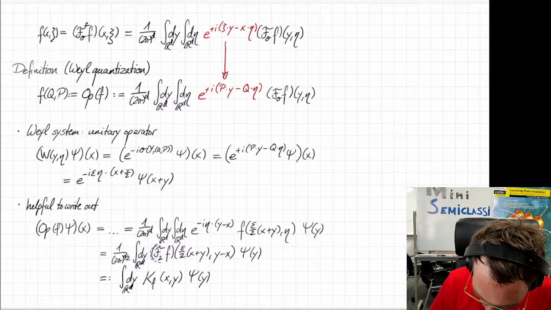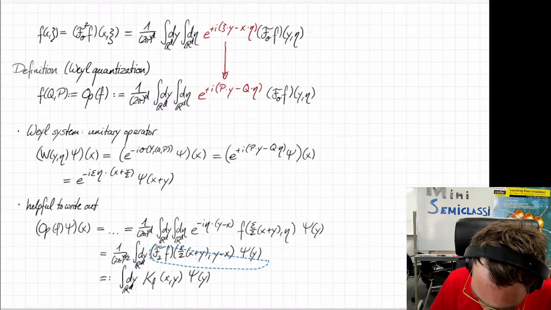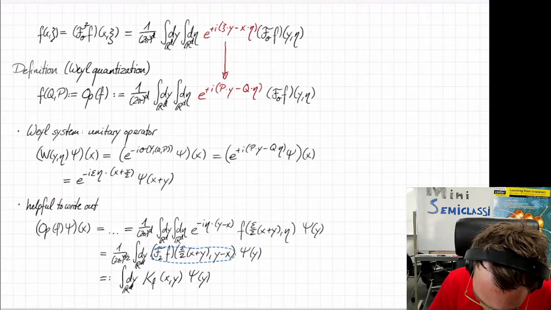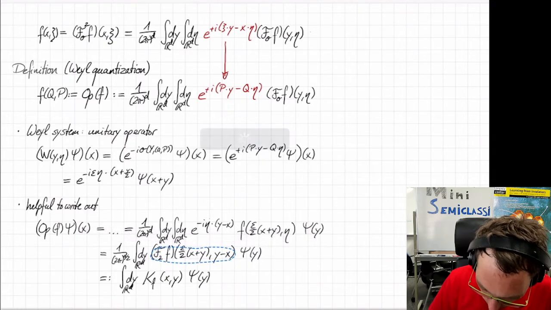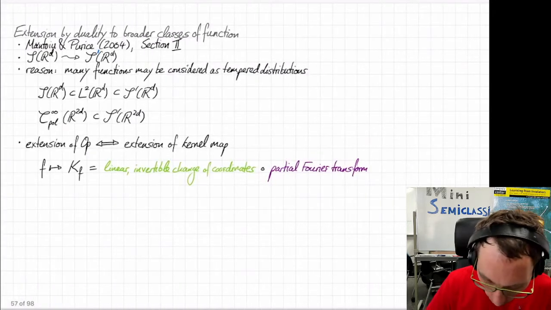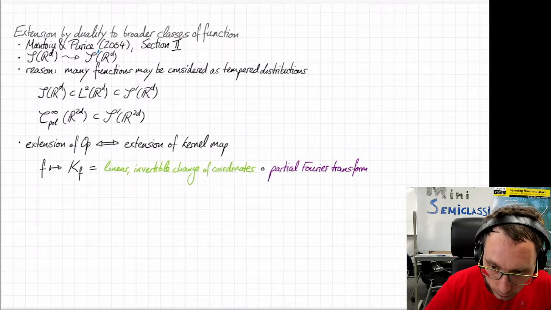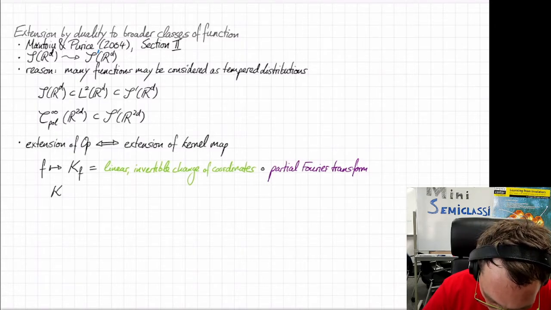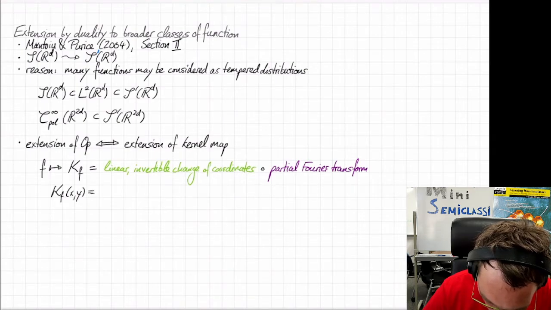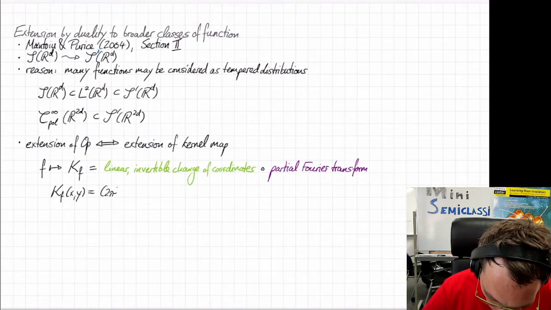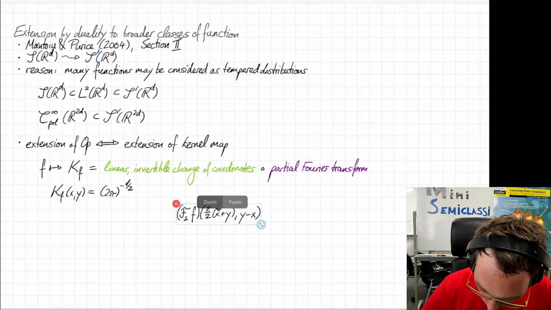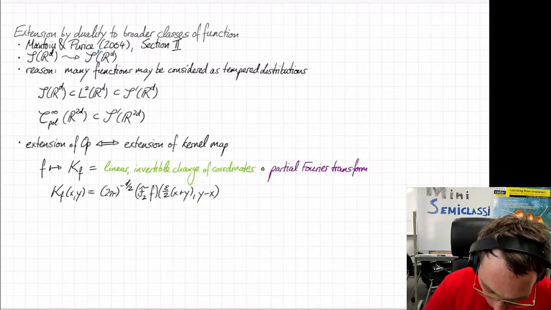So the kernel map, as a reminder, is 2 pi to the minus d over 2 times this.